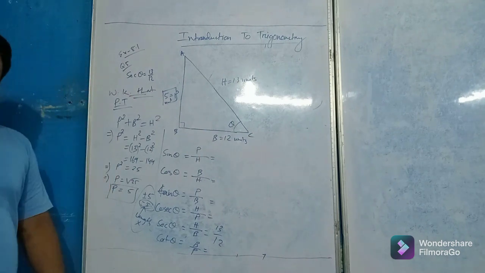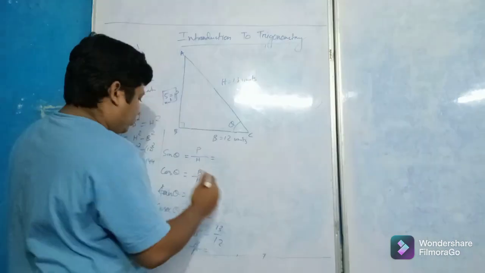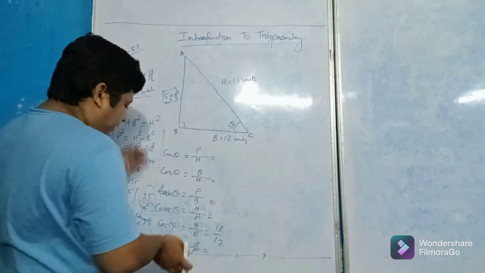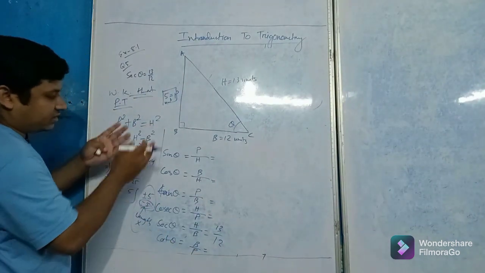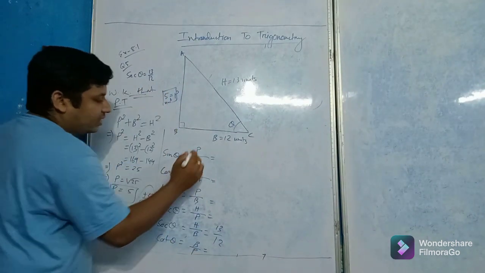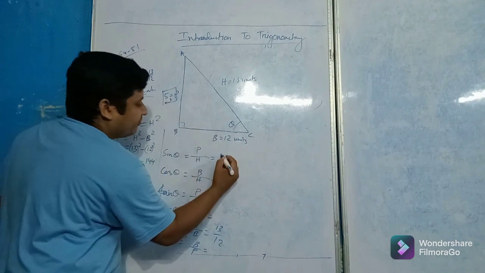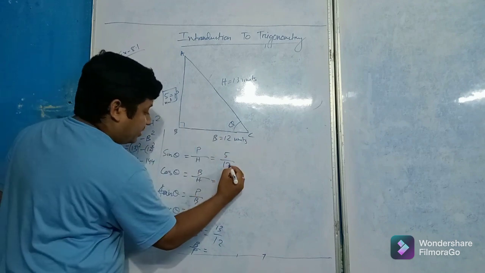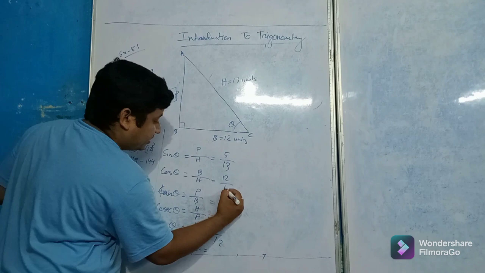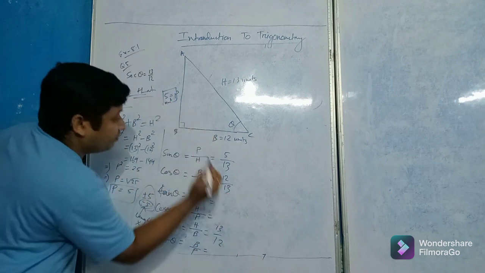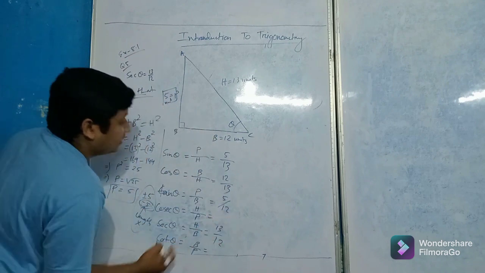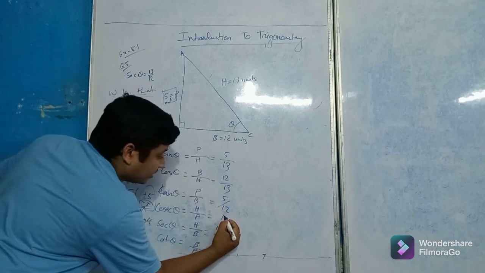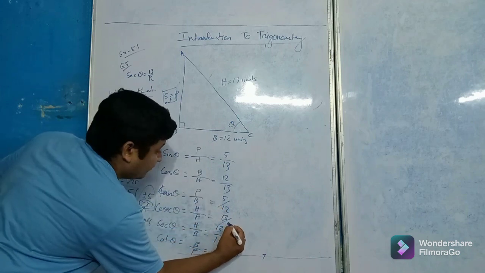Now suppose I need to find out. Now it is asking to find out the trigonometric ratio. Simply I will see what has been there. Here it is P by H. 5 P, H is 13. Next 12 by 13. Next 5 by 12. Next H is 13 by 5.